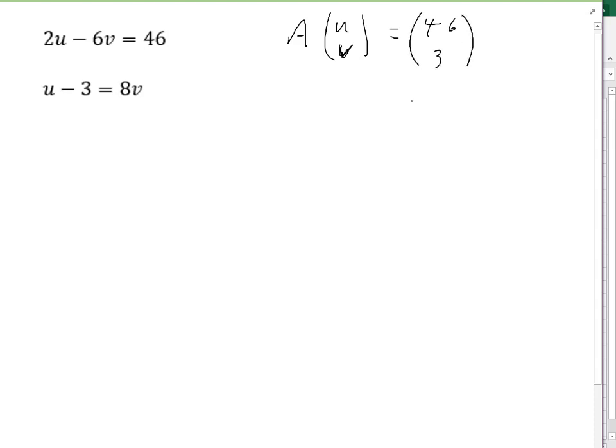So move the constants to the right hand side, and then the actual matrix A is equal to 2, minus 6, and then 1, and then we move this to this side, so minus 8. So 2, minus 6, 1, minus 8, that's equal to 46 and 3, like this.